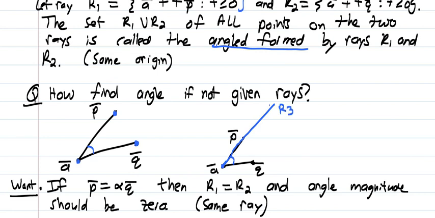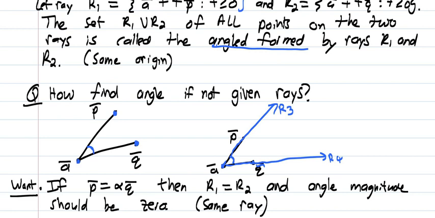Maybe call it ray 3. And then you form the other ray starting at point A, passing through point Q, and you can call it ray 4. And so now we can see that this angle is the angle formed between the two rays. So given any angle scenario, you can convert it into a scenario of an angle between two rays.